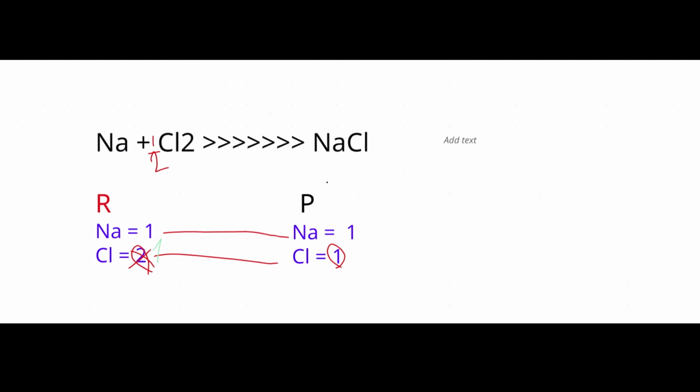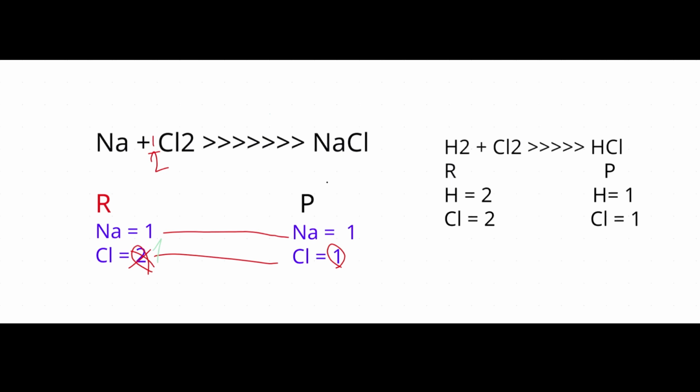Another equation is H2 plus Cl2 produces HCl. Okay, so we have to write the reactants and the products.